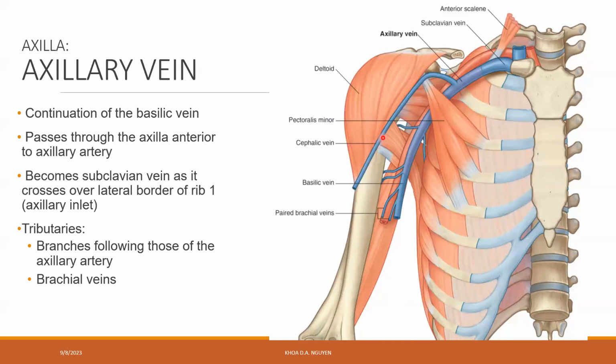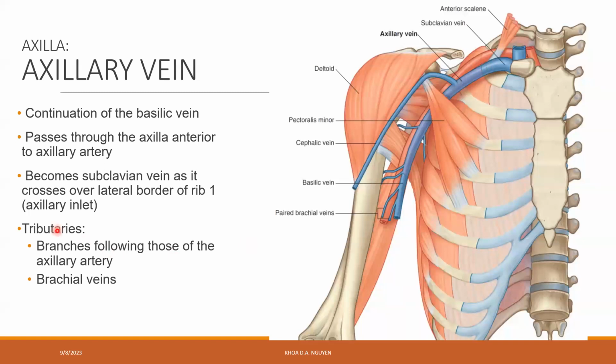And the cephalic vein is going to continue within that groove over to this side here, where it pierces the clavipectoral fascia, as we have seen before, and goes into the axillary fossa, joining with the axillary vein in order to become the subclavian vein as it travels through the inlet of the axillary fossa into the thoracic cage. So the axillary vein is right here, right before it becomes the subclavian vein right here.